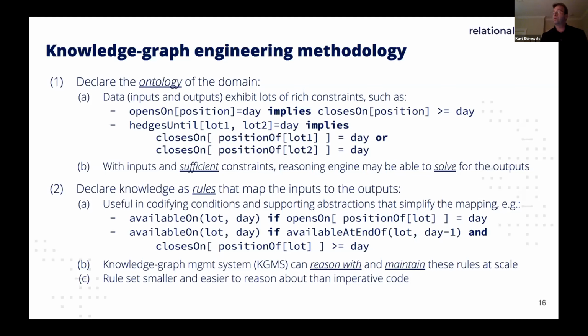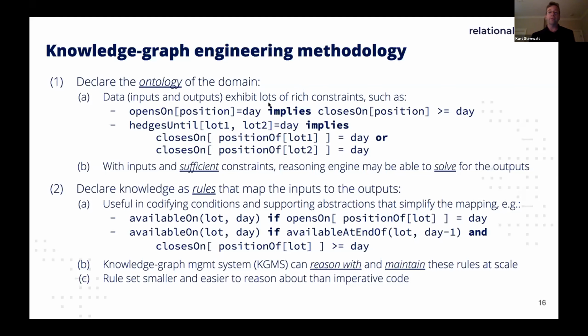Now, we all know that real enterprise data exhibit rich constraints, and that if you can capture those constraints, you can reason with great power to reduce the size of the code you have to write and to increase your understandability of the system. And so here's an example using our declarative language for expressing constraints, right here, if you can see my mouse.